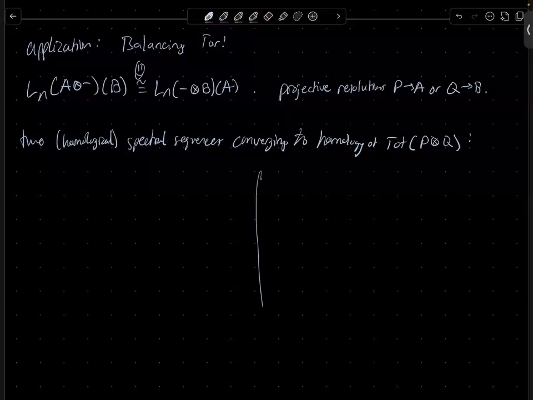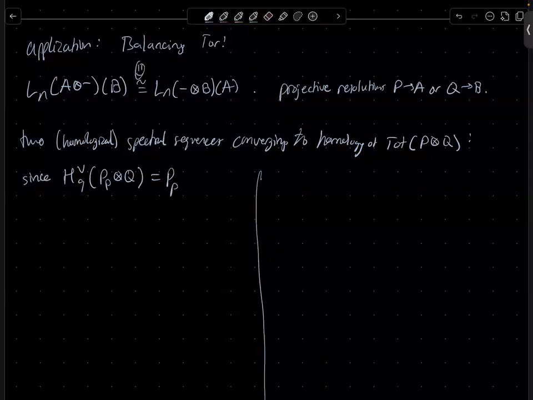So, there are two of them, so I'll detail them both in each column. Since the vertical homology of P sub p tensor Q, where I'm looking at one column, the pth column, and I'm looking at the Q homology there, is equal to P sub p tensor H_q(Q).